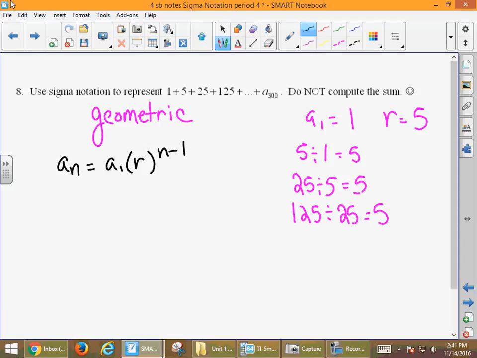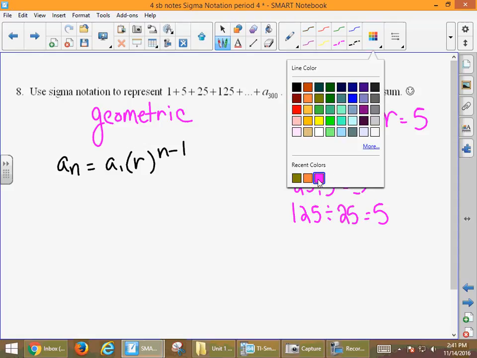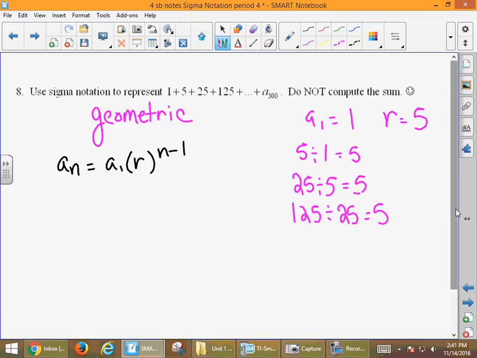The only other value that we need is, what does n equal? I'm going to write it off to the side here: n equals 300. We want to use sigma notation to represent this geometric series, and the last value that we're looking at is a sub 300. So we want to look at the 300 terms added together.